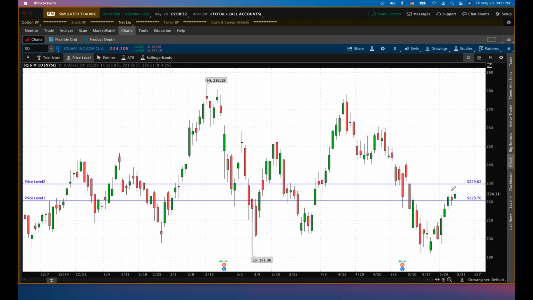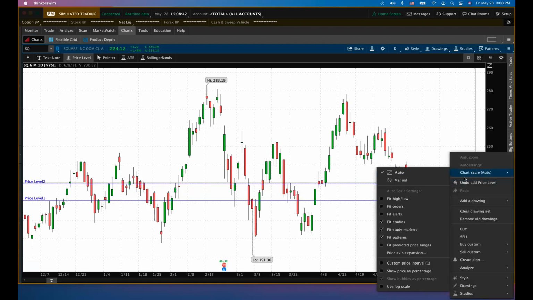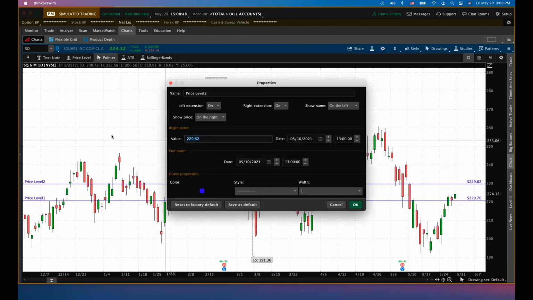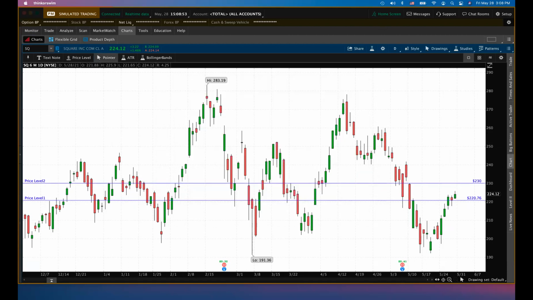Okay, let's talk about it. So the thesis here that she's talking about is that price will remain below 229, or let's call it $230, just so that we can have a good point of reference here. And we'll try and help you out. The current price right now is $224.